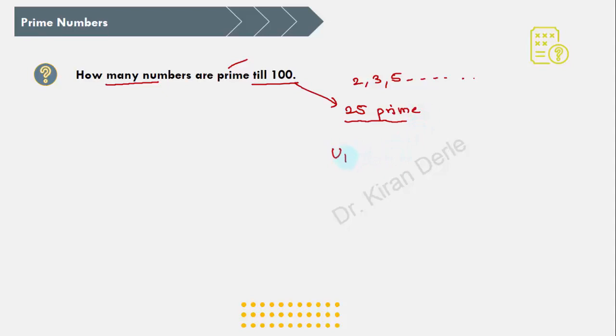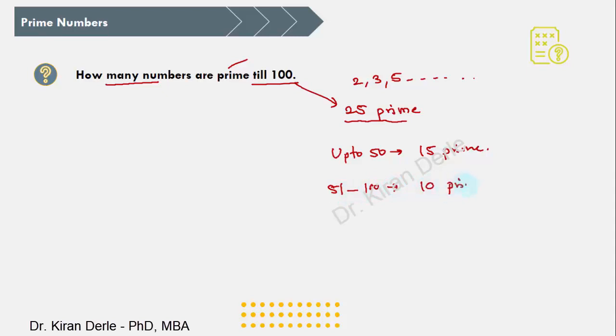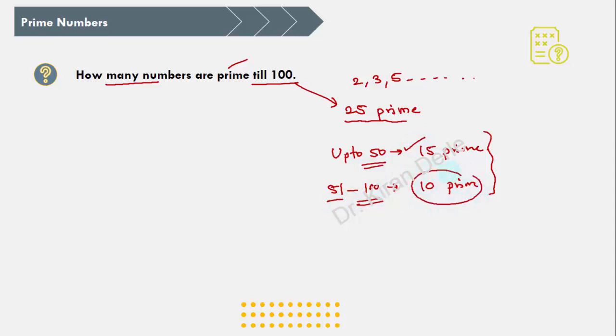And up to 50 there are 15 prime numbers. So from 51 to 100 there are 10 prime numbers, because up to 100 we know there are 25 prime numbers, up to 50 there are 15, and so from 51 to 100 there will be 10 prime numbers. Hope you're understanding this point, right?